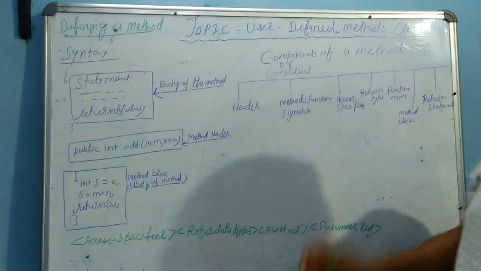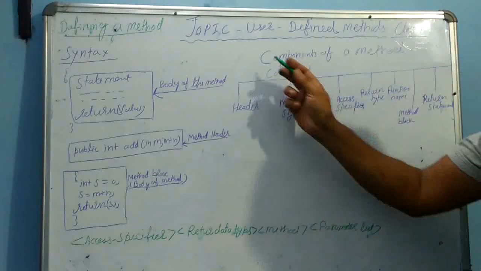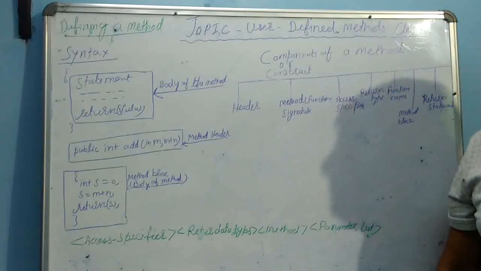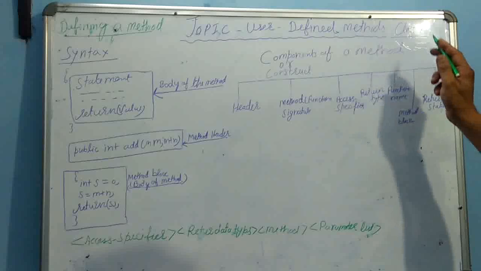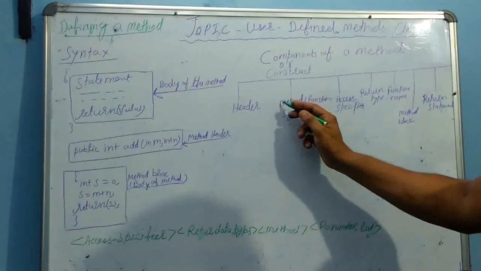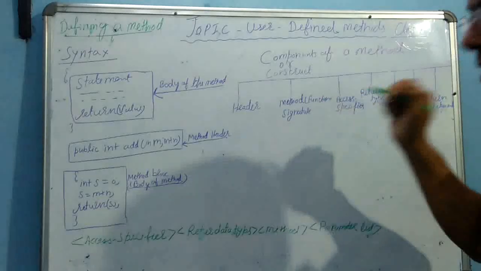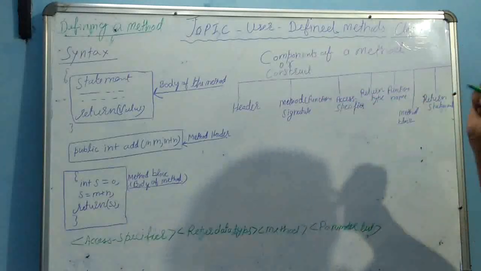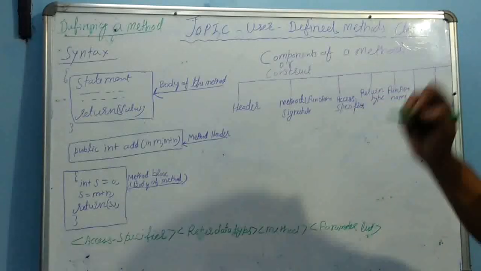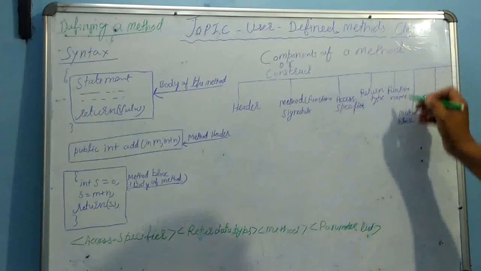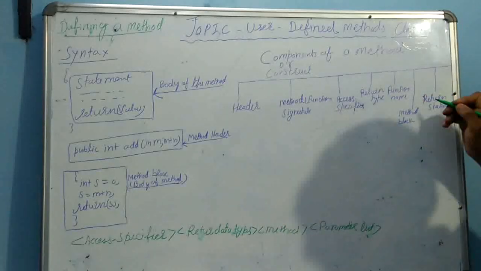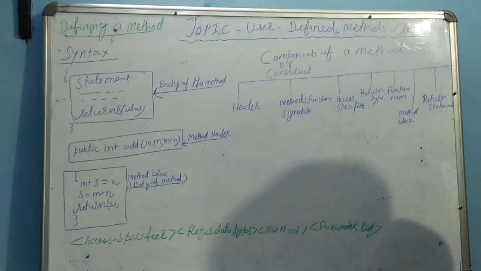Now, what are the components of the methods? The components of the methods are: one is header, second is method or function signature, third is access specifier, fourth is return type, fifth is function name, sixth is method block, and seventh is return statements.